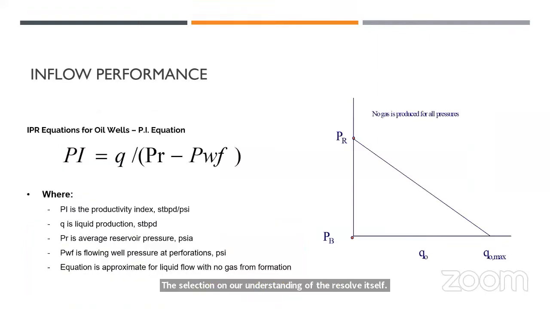This is basically the relationship. It will be like that if we have an undersaturated reservoir, in which the reservoir pressure is more than the bubble point pressure. It will be a straight line starting from the reservoir pressure on the vertical axis, going to the absolute open flow on the horizontal axis. We will study this in Prosper mainly.